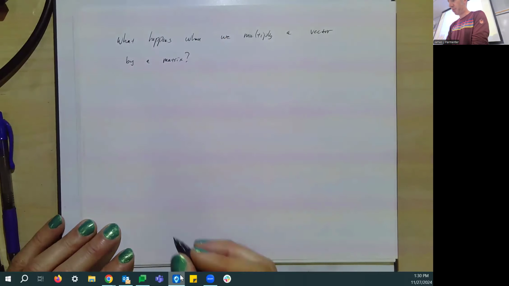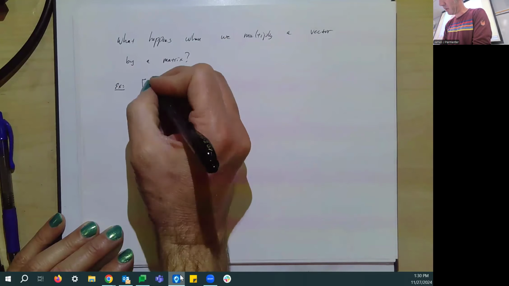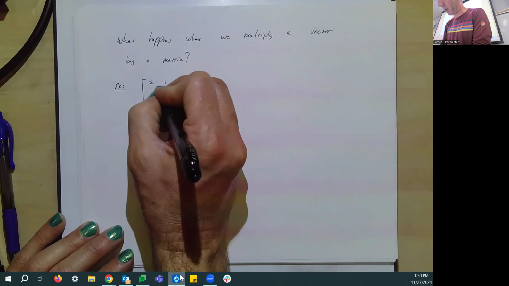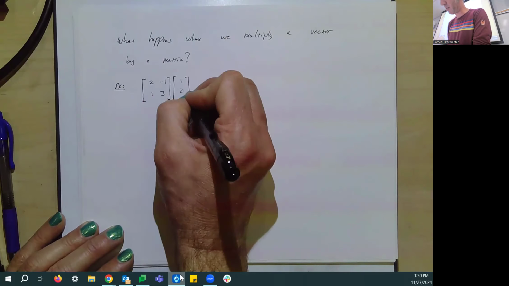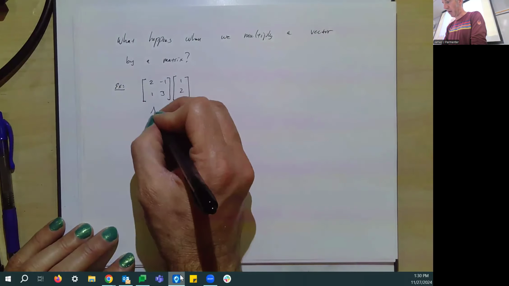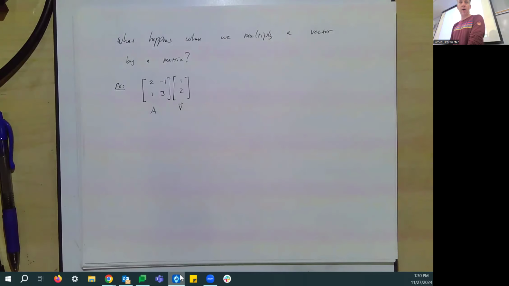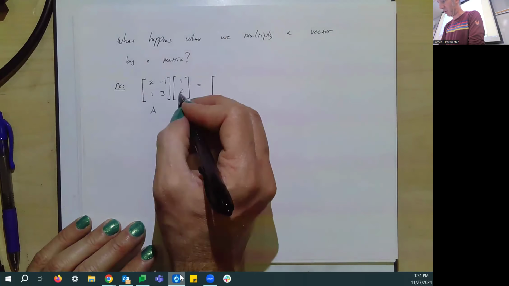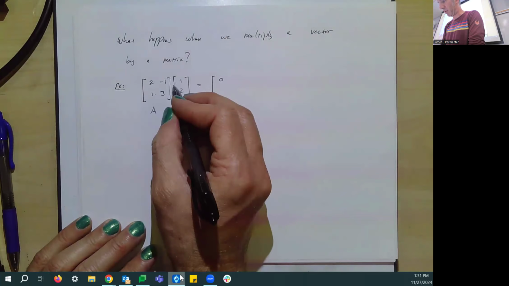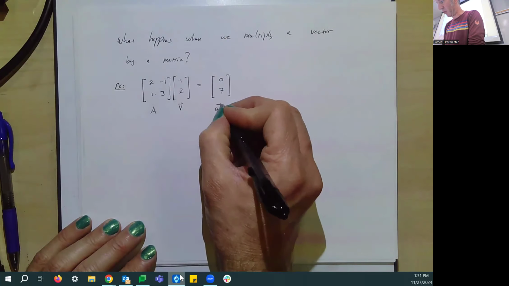For example, when we multiply the matrix 2, -1, 1, 3 by the vector 1, 2, which I'll call A and V, what do we get? Well, 2 times 1 plus -1 times 2 is 0, and 1 times 1 plus 3 times 2 is 7. Let's call that W.